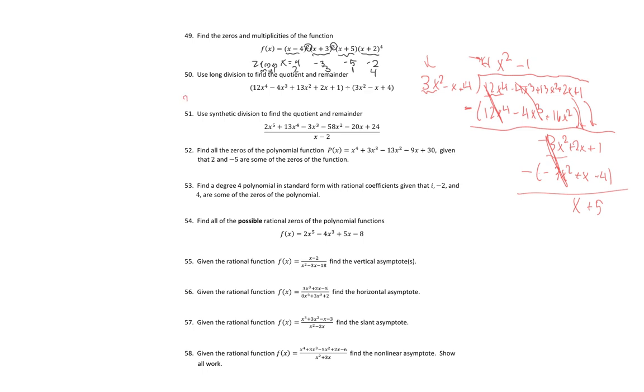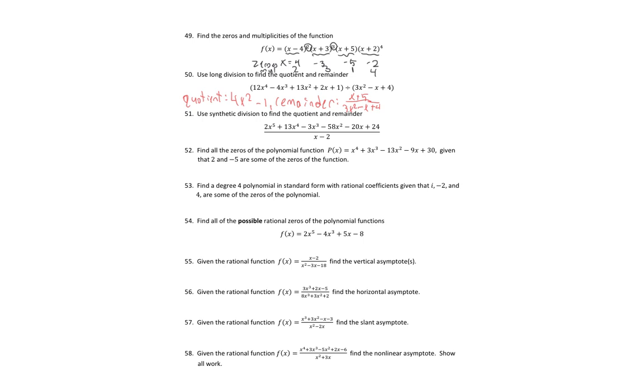So our quotient is the thing on top, 4x squared minus 1. And our remainder is going to be the thing that we're left with, but we need to put it over the thing that we're dividing by, because this part right here is still technically getting divided. It's just that it's gone too small for us to see it further.